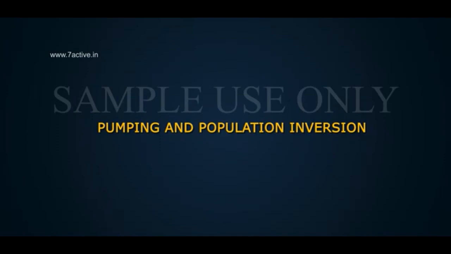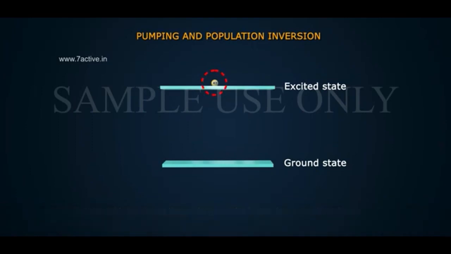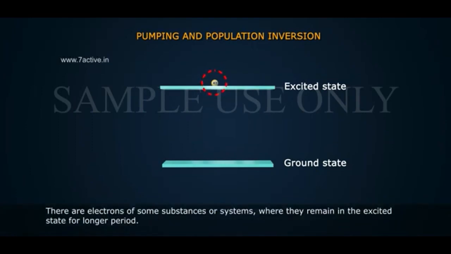Pumping and population inversion. As we've already said, the transitioned electrons don't stay for a longer time in the excited state. There are some substances or systems where electrons remain in the excited state for a longer period.